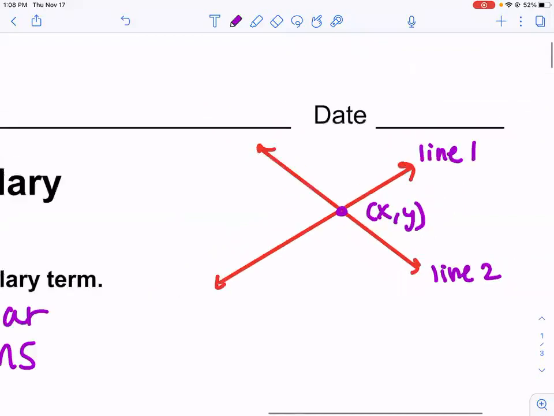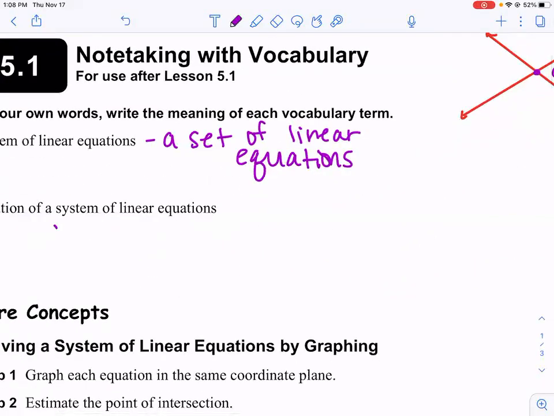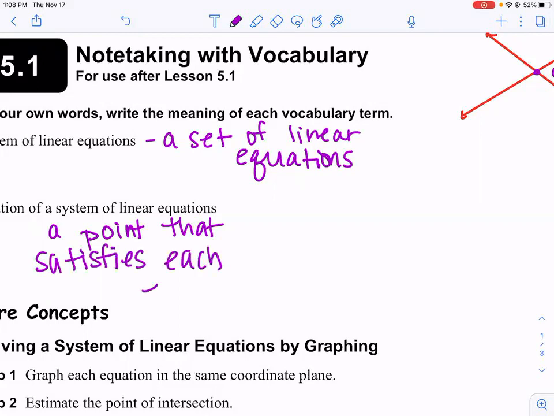Okay. So the solution is a point that satisfies each equation, aka the intersection.